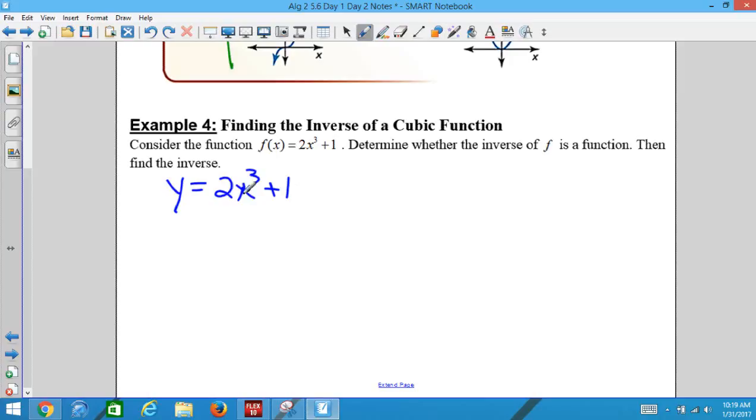And the question is, this is a function, because it says f of x. The question is, is the inverse also a function? So we're going to use the horizontal line test.